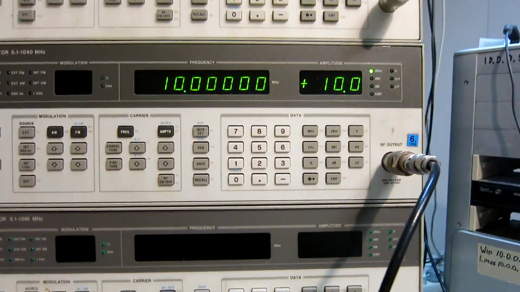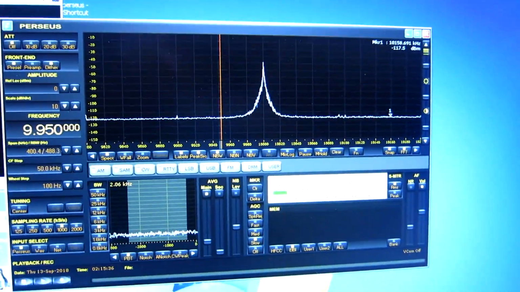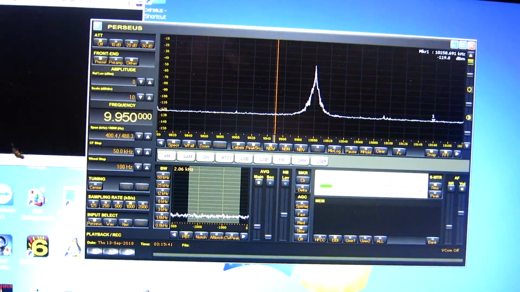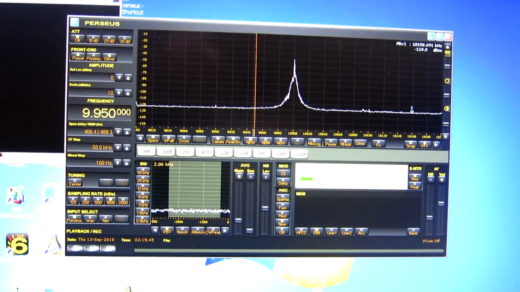Now the signal level is 3 dB higher, and I don't see those noise sidebands anymore. They will come if I increase the level above this that I have now.